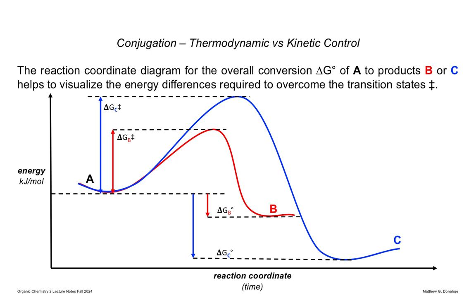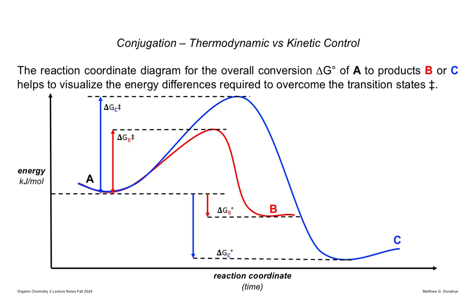So here's a summary slide of that discussion. So A is your starting material. B and C are your two different isomeric products. You have these curves which correspond to the relative energy differences. From the starting material well going up, that dagger symbol there, that means transition state.